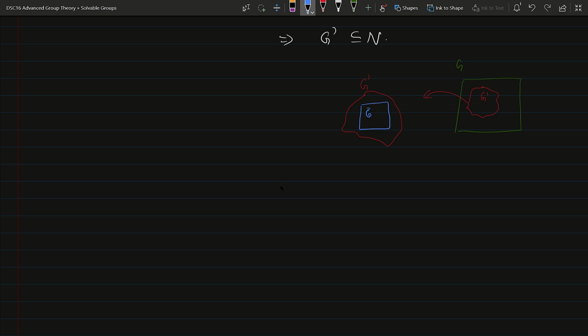So we are talking about G double prime, or you can consider it as G2. Now you can consider this G2 as outside. Suppose this is our G2. Again, this G2 is the smallest subgroup that contains all the commutators of G prime.